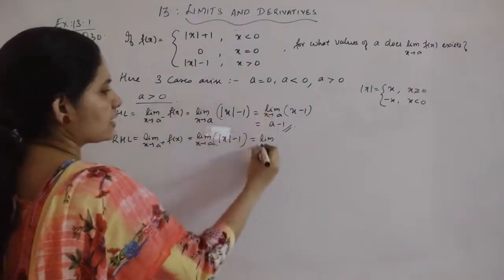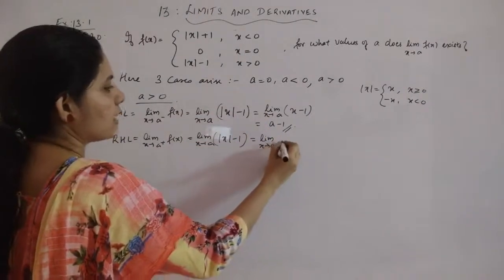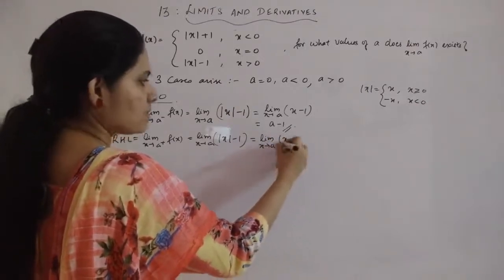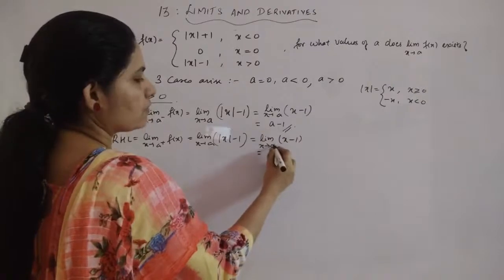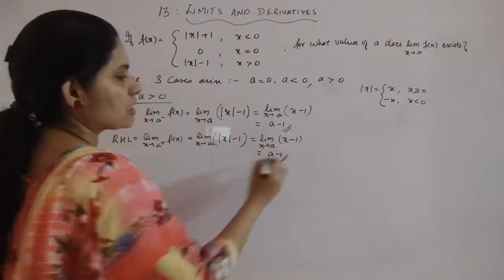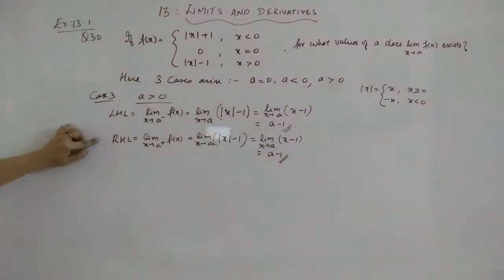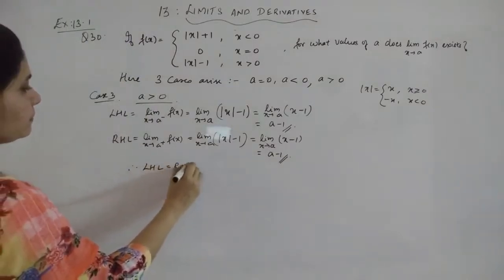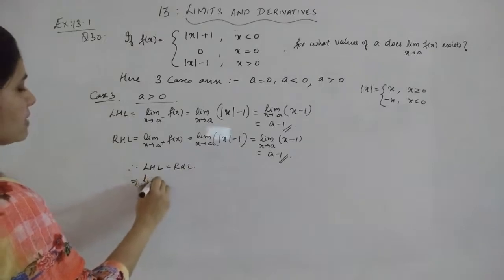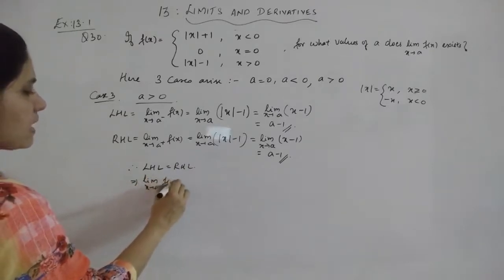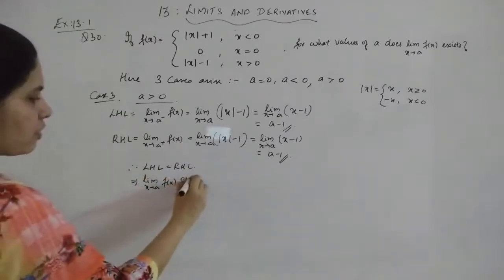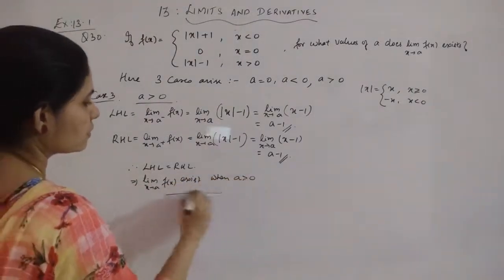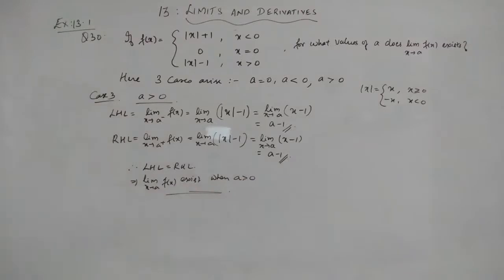Now since it is greater than 0, mod x is x, and now replace the value of x with a, so that it is a minus 1. Therefore you can see left hand limit is equal to right hand limit here also. That implies that limit x tends to a f of x exists for all those a values which are greater than 0.